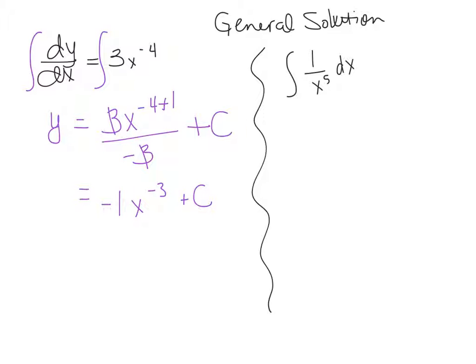The first thing we want to do, just like when we do derivatives, is rewrite. So this becomes the integral of x to the negative 5 dx. Now, when I take the integral, I'm going to add 1, so that's going to be x to the negative 4, and I'm going to divide by that number. And immediately, right here, put your plus c.